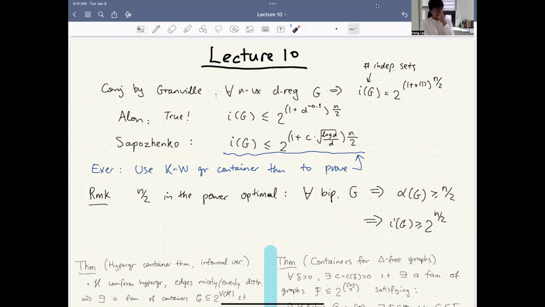What I want to say is that I think D needs to be sufficiently large for this to be true. Let me double check.